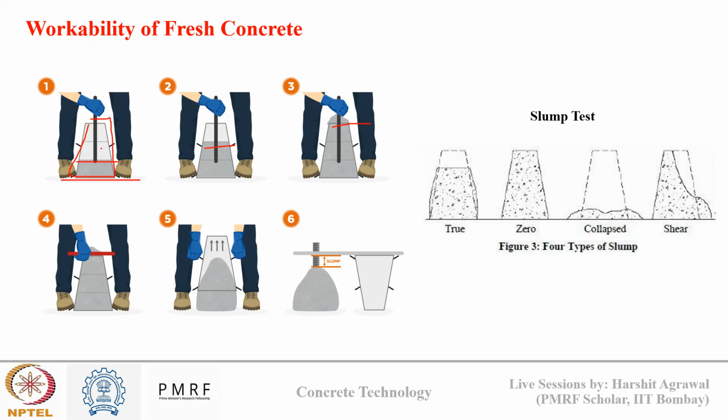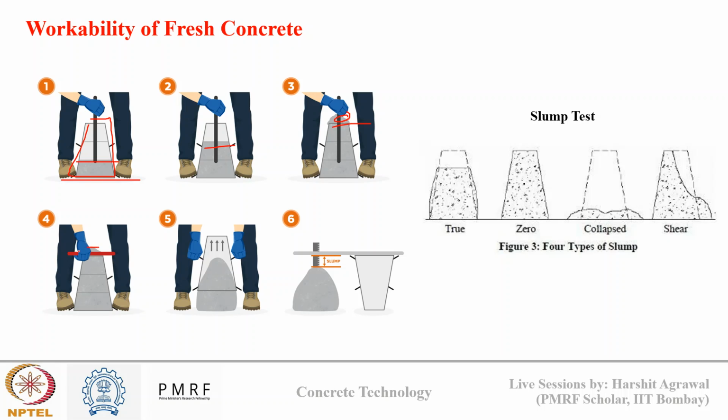After each level of filling, we do 25 tamping, to ensure that my concrete is properly compacted after filling each layer. Once my concrete is filled till the top, I will level to remove the extra part from the top.